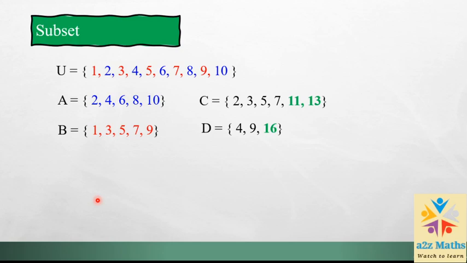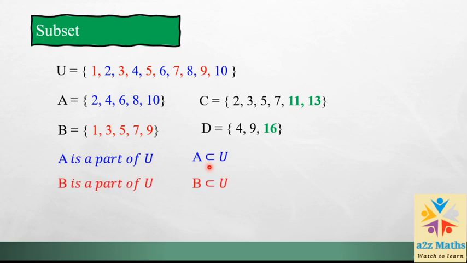I have set C and set D. Now you notice that set A, all the elements of it are present in set U, and set U has some other elements as well other than the elements of set A. So we can say that set A is a part of U, or A is a subset of U. Same way B, all the elements of B are coming from U. So it means B is a subset of U.